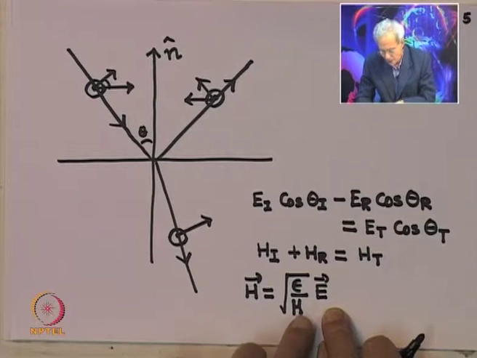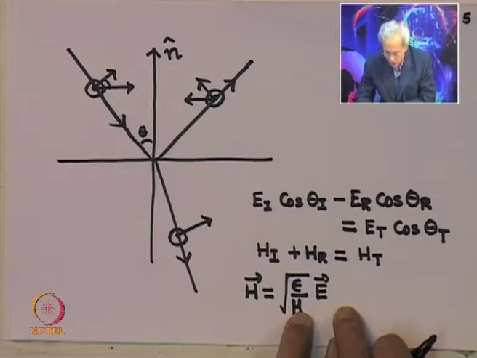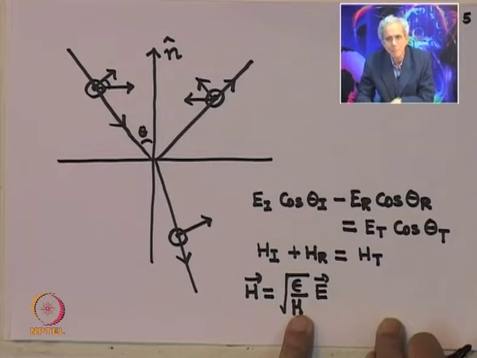This is fairly straightforward, because I know the magnetic field B is related to the electric field by B being the electric field divided by the velocity of electromagnetic waves. And the velocity of the electromagnetic waves is 1 over square root of mu times epsilon.